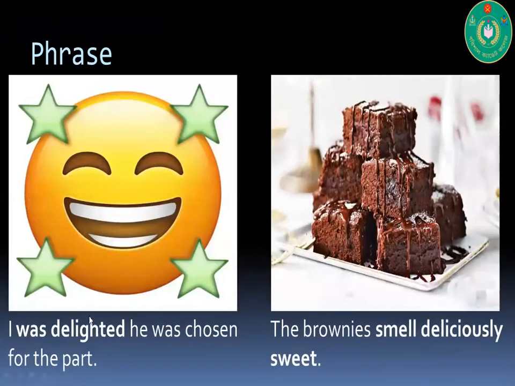Another phrase: I was delighted he was chosen. This is also a possible structure. The brownies smell deliciously sweet. They also look delicious, right? Smell deliciously sweet is also a possible structure, used as an incomplete sentence.